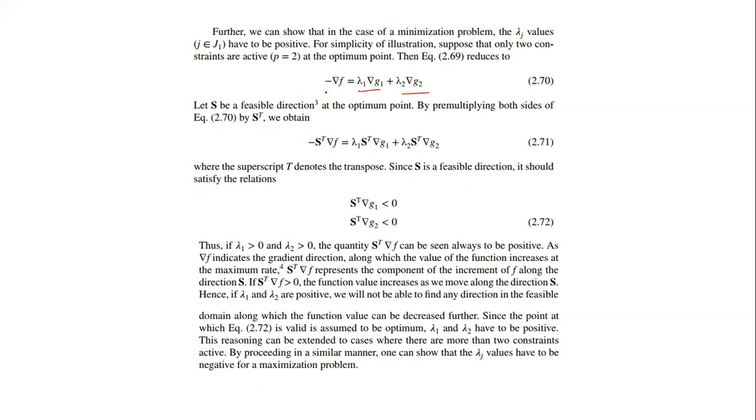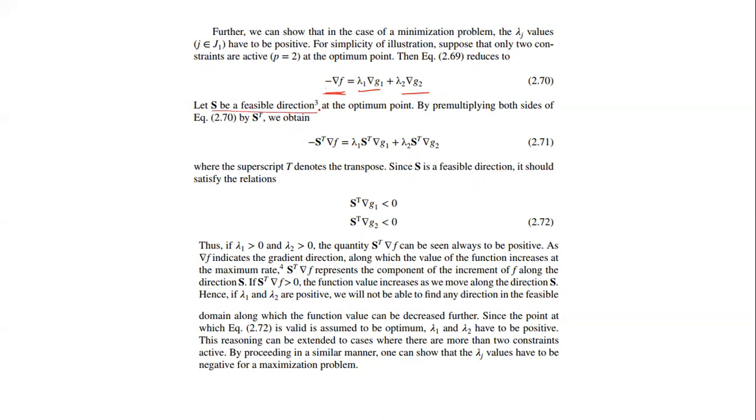Now, the negative gradient, what does it mean? The gradient is the direction in which the function value increases. So that is why we have deliberately taken the negative of the gradient. Since it's a minimization problem, we want to minimize the value, so we are taking the negative gradient. On the other side as well, they have tried to explain this in terms of a feasible direction.